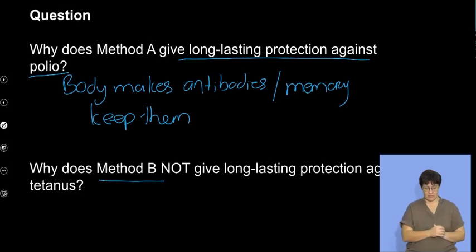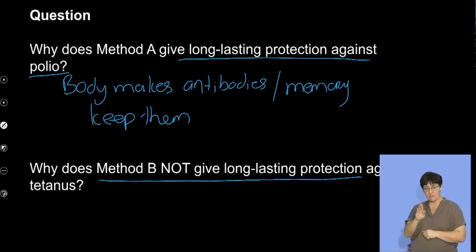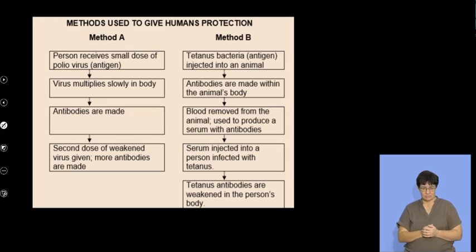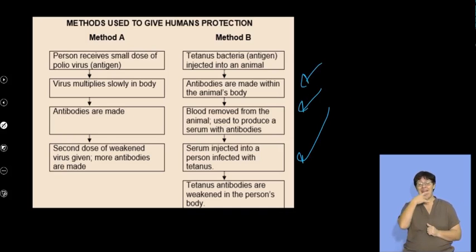Method B does not give long-lasting protection. Why? Let's go back to over here. The most important point is this one: the antibodies are made in the animal's body. Then they take the antibodies and inject them directly into you.